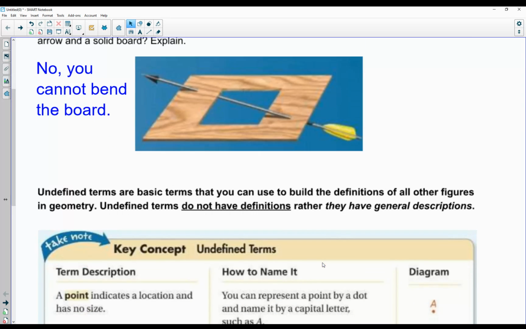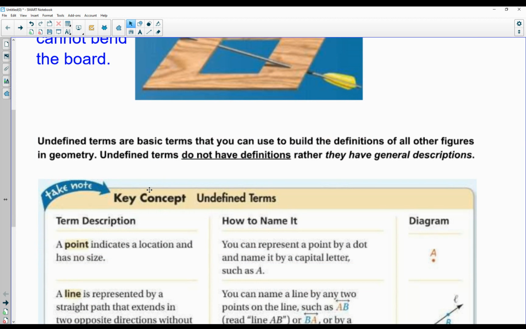Okay, so moving on, we have to go through some terms. And this could be a little tricky. So before you decide that undefined means something that you can't define, listen to this. This statement says that undefined terms are basic terms that we use to build definitions of other figures in geometry.